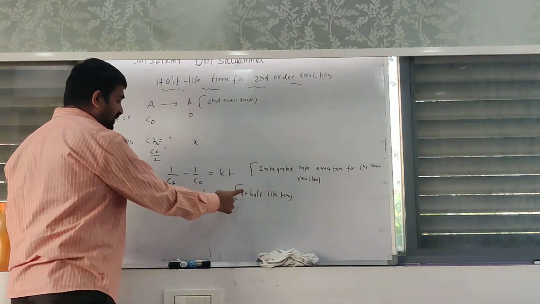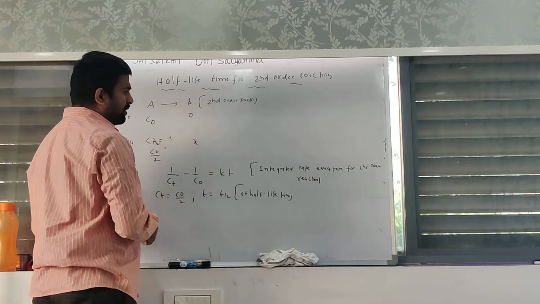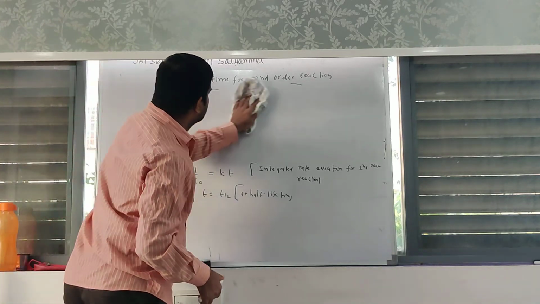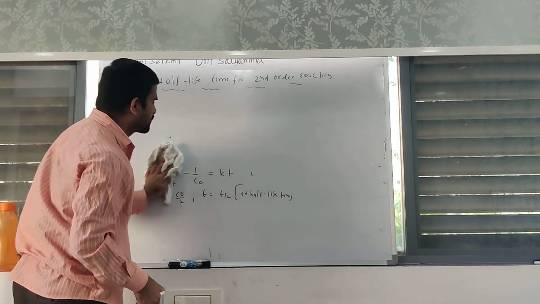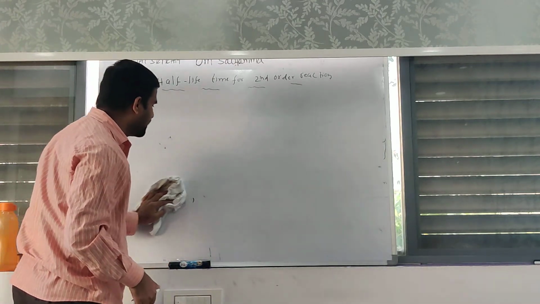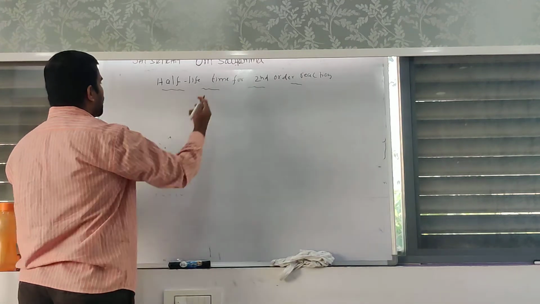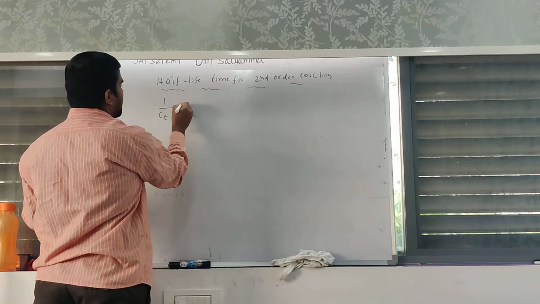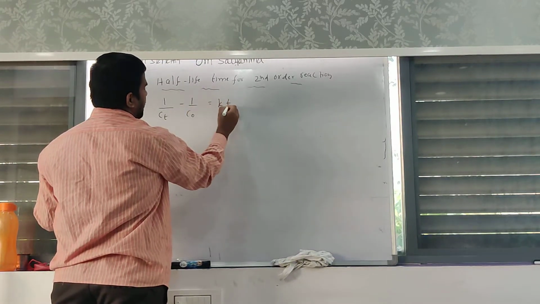At half-life time, Ct is equal to C0 by 2 and t is equal to t half. You can substitute these values into the integrated rate equation: 1 by Ct minus 1 by C0 is equal to kt.